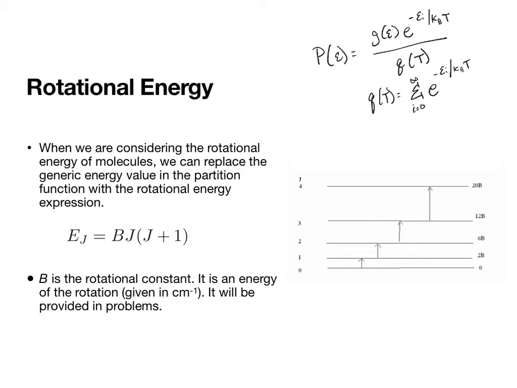So we are going to replace that generic energy value with the energy of the rotational energy levels. And if you remember way back when, we found that the energy of rotational levels, which we call J for some unknown reason, that energy is equal to B J times J plus 1. B is the rotational constant, and it's an energy of the rotation, and it's given in units of wave numbers, and it's going to be provided to you.